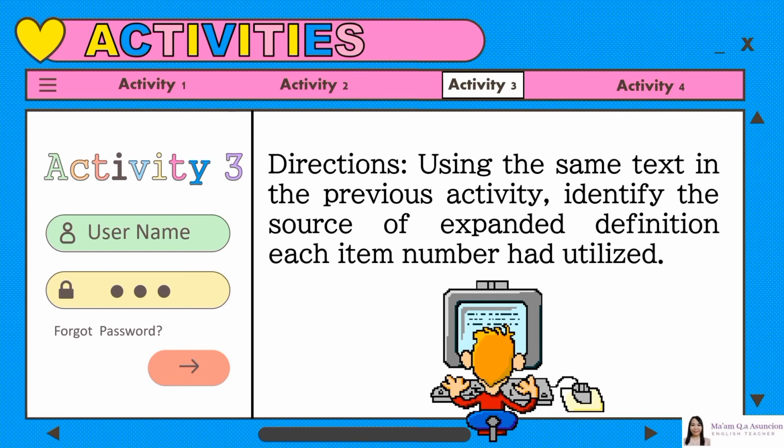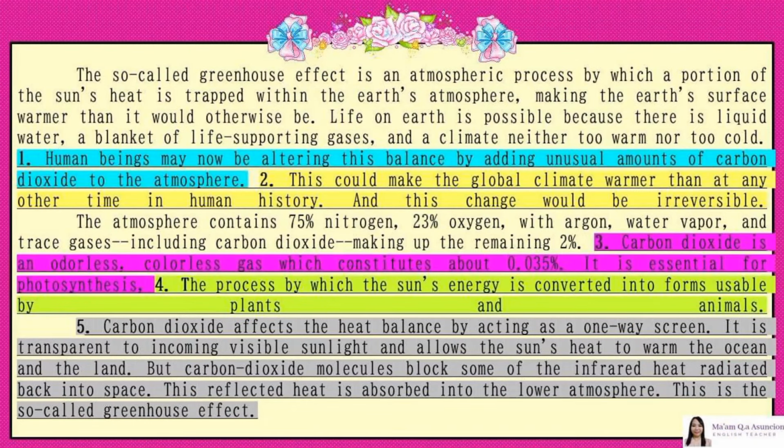Now let's have activity 3, directions. Using the same text in the previous activity, identify the source of expanded definition each item number had utilized. The so-called greenhouse effect is an atmospheric process by which a portion of the sun's heat is trapped within the Earth's atmosphere, making the Earth's surface warmer than it would otherwise be.